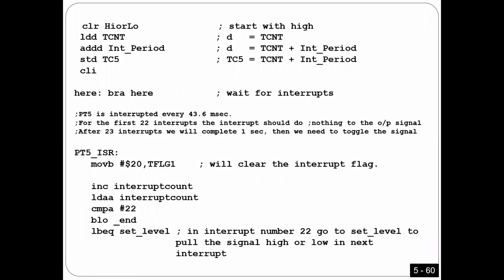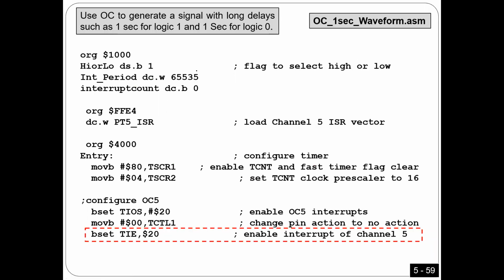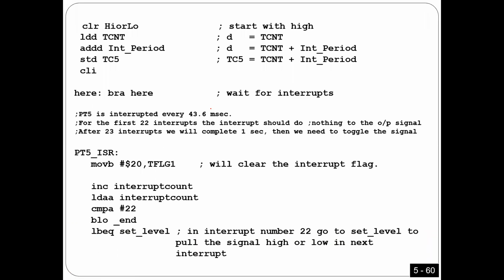If I select the maximum time, which is this one, I found that this maximum time makes only 43 milliseconds. That means if you want to make 1 second, you actually need 23 interrupts. In the example, I said 17, just as an example, but actually it should be 23.